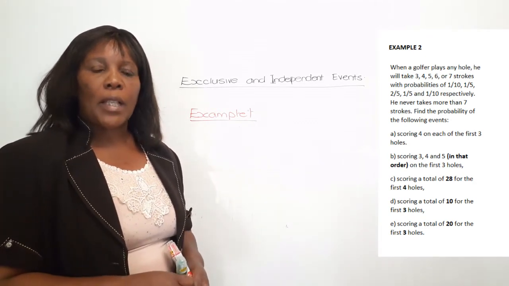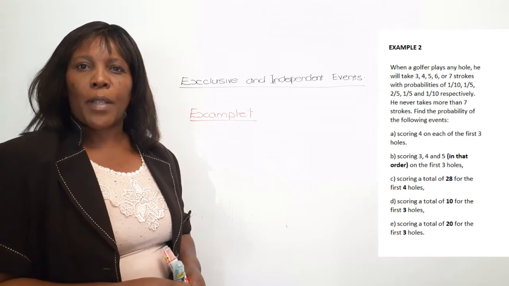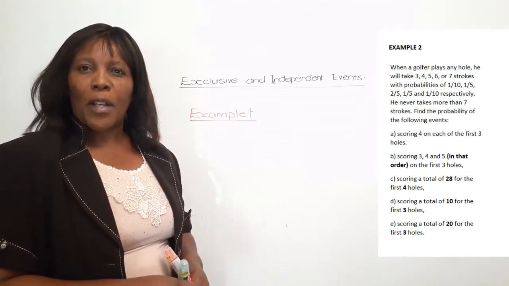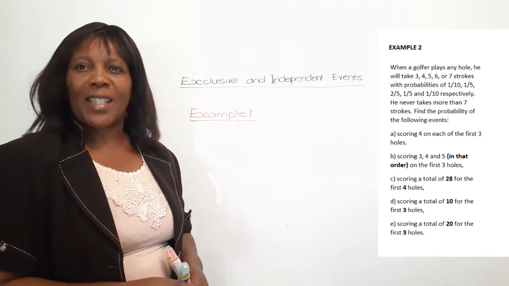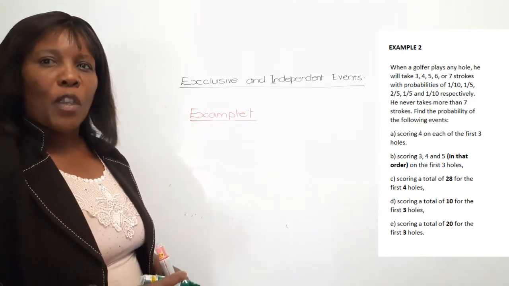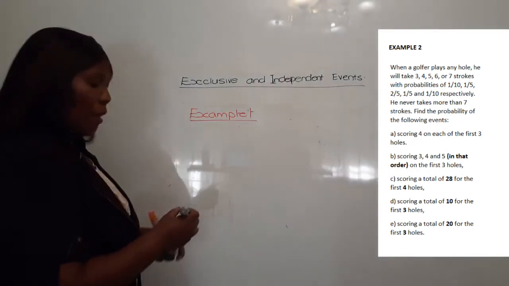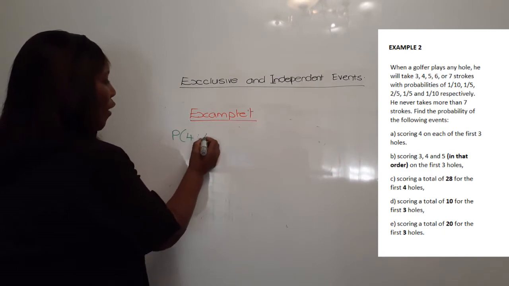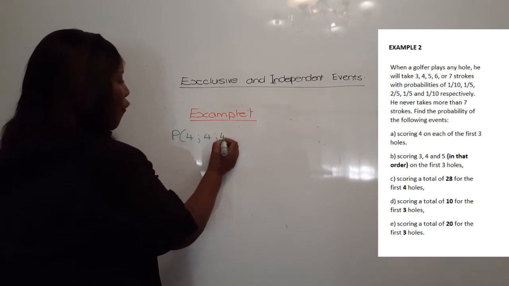So now let us answer quickly the questions we have. Find the probability of the following events, scoring 4 on each of the first 3 holes. So we want a 4 on each of the first 3 holes, which is simple. So we want probability of a 4, and a 4.